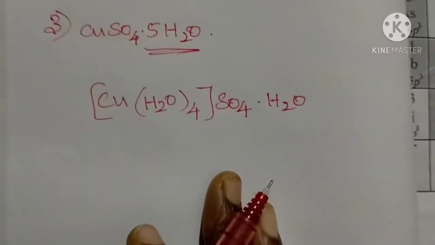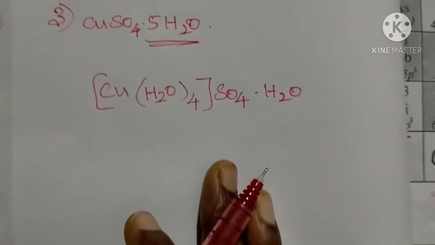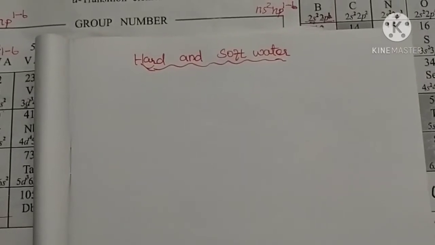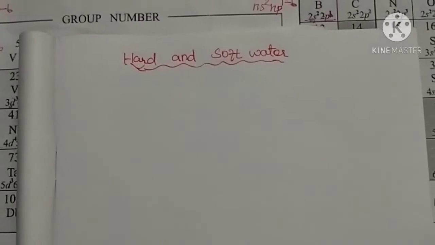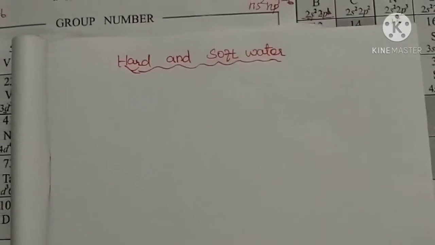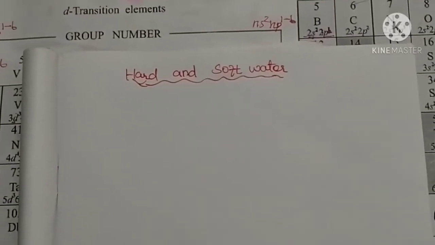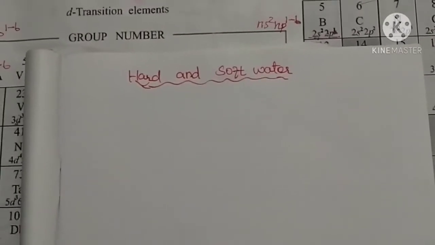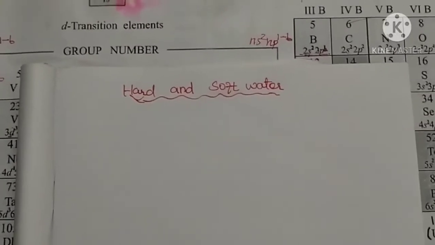The next topic in this unit is an important one: hard and soft water. This is one of the specified characters of water. Generally, we use water for daily uses at home, for domestic use like washing vessels and clothes, for bathing, and for cleaning the house or other things.